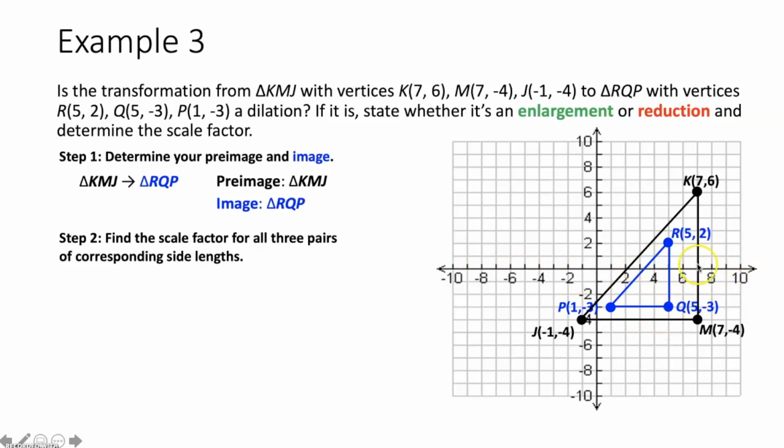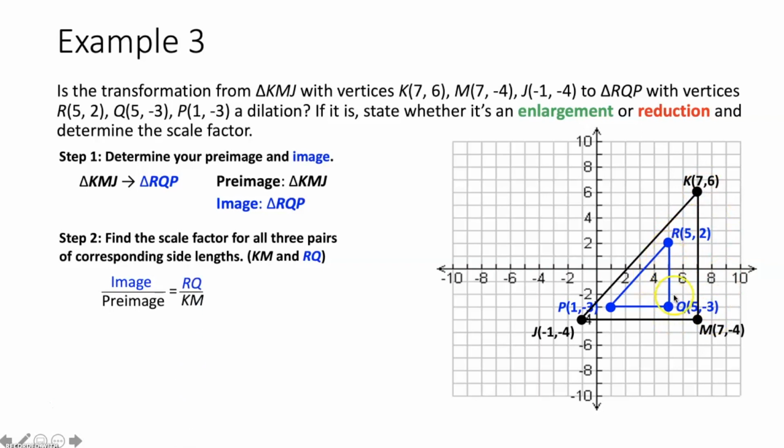So we can pick whichever pair of corresponding side lengths we want to start with first. I'm going to choose segment KM and segment RQ. Now remember, we are finding a scale factor, meaning we need to find the length of a side of our image and put that over the length of the corresponding side of our preimage. I'm going to find the measure of segment RQ and put that over the measure of segment KM over here.